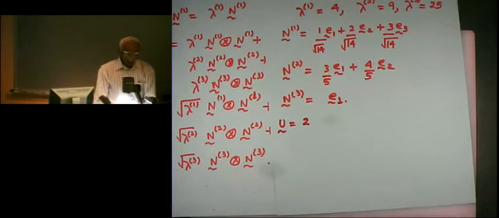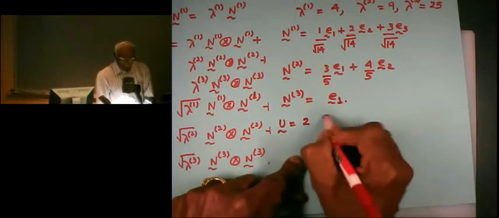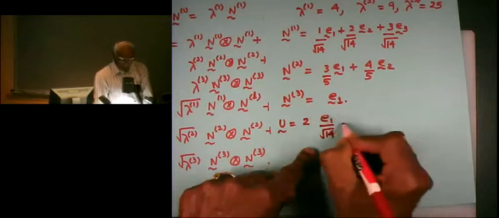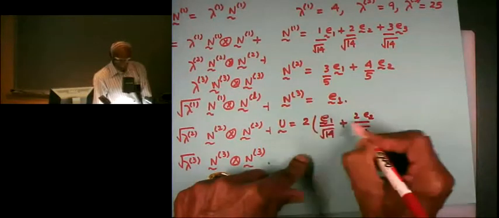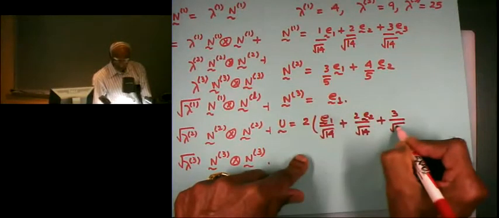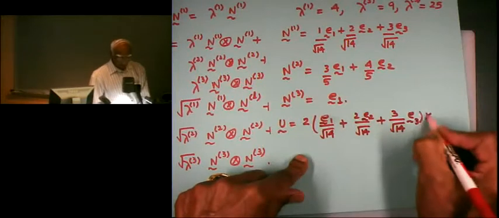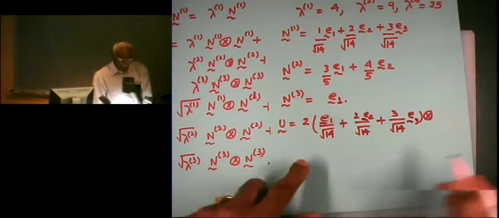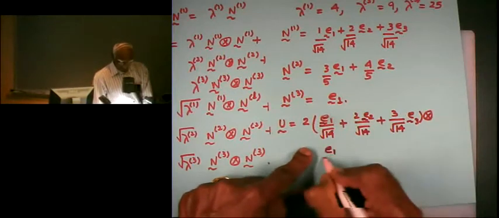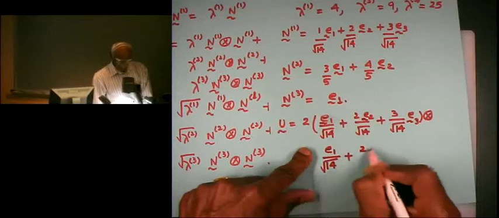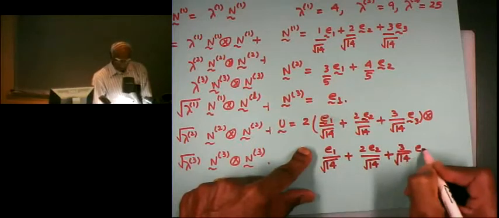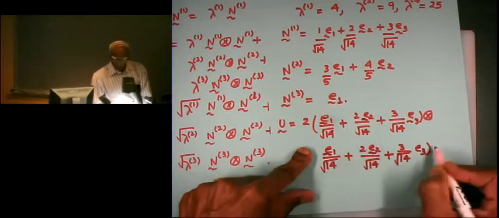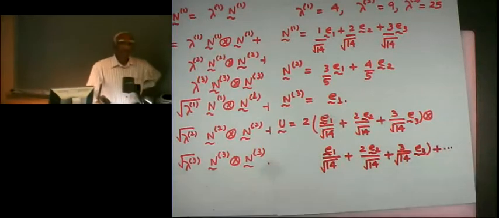So it's twice n1, which will be e1 over square root 14 plus twice e2 over square root 14 plus 3 over square root 14 e3, tensor product with n1, so that's again e1 over square root 14 plus twice e2 over square root 14 plus 3 over square root 14 e3, and plus the other two terms, which I'm not writing now.